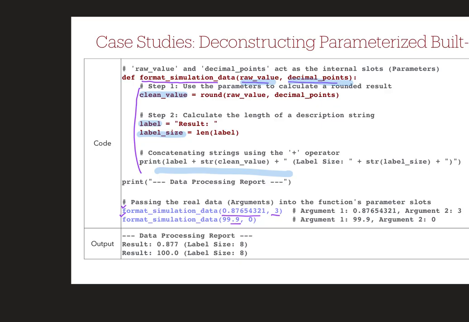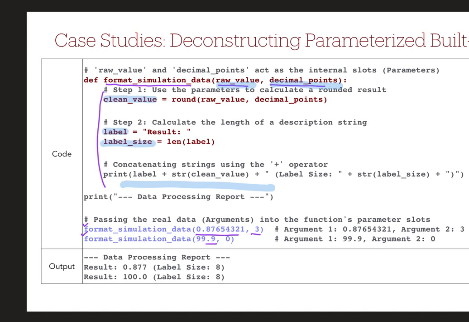So if I call that function with, say, these two numbers, then you see some output. If I call that function with different values, then you get different output. So that's what happens.